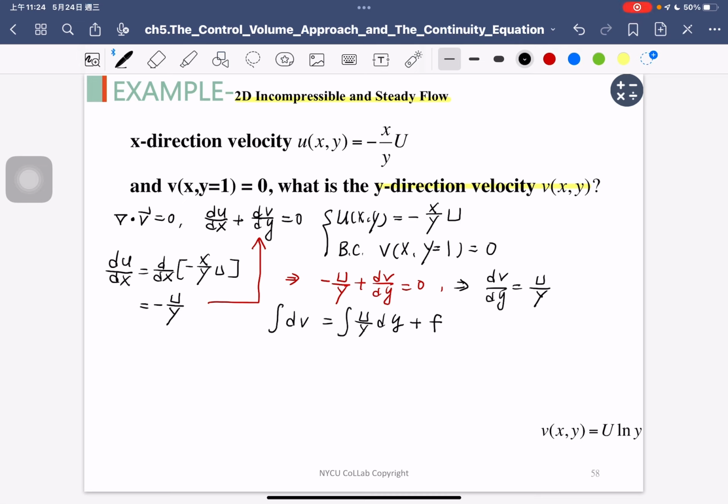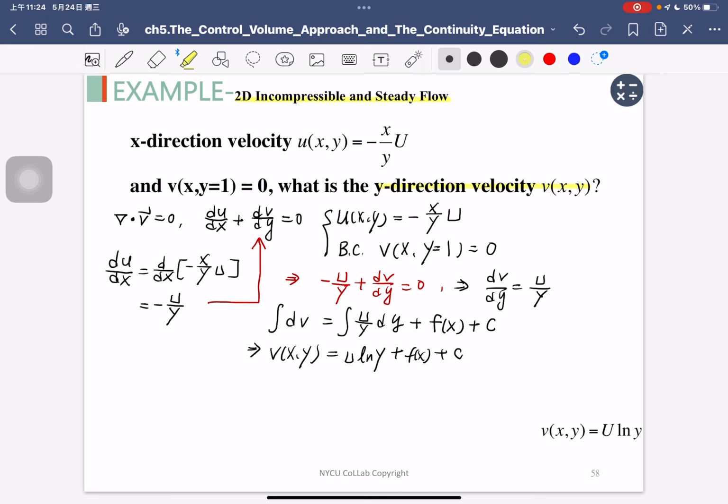We call that f, which should be f(x), because any x function differentiated with respect to y is equal to 0. And we may have one constant value; we don't know how large it is. So after the integration, the v(x, y) function equals U ln y plus f(x) plus the constant.